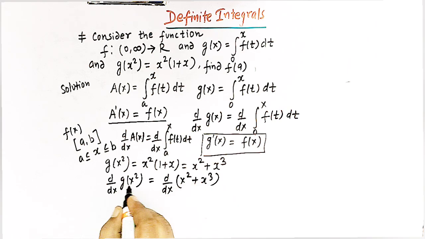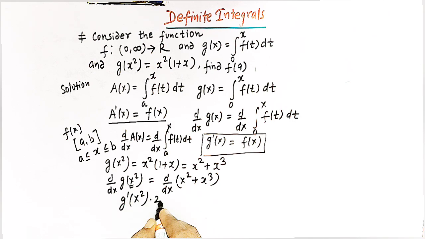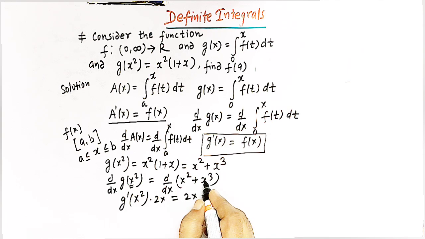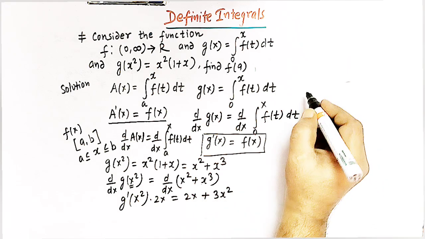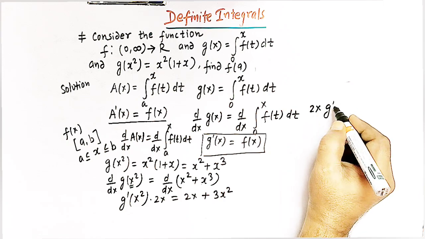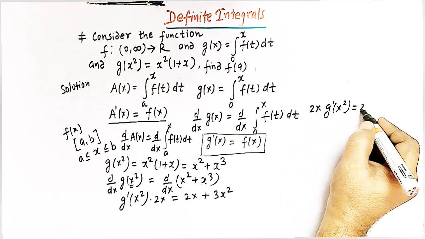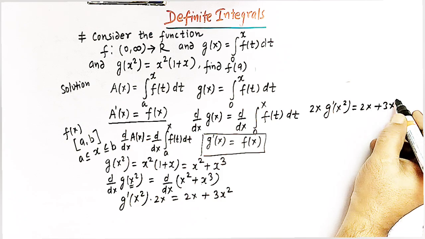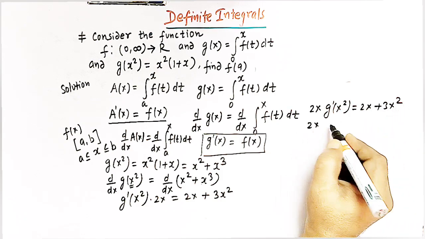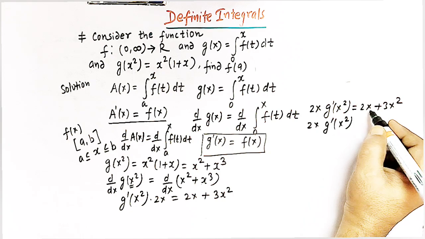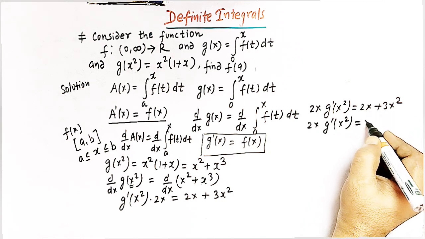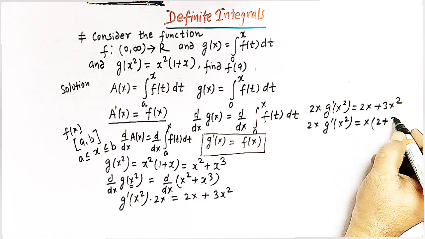The derivative of g of x square is g prime of x square times, by chain rule, the derivative of x square, which is 2x. The derivative of x square is 2x and the derivative of x cube is 3x square. So we have 2x g prime of x square equals 2x plus 3x square. Taking x common, we have x times 2 plus 3x.